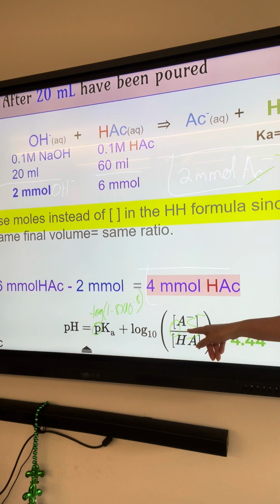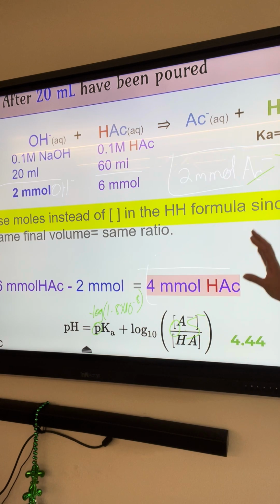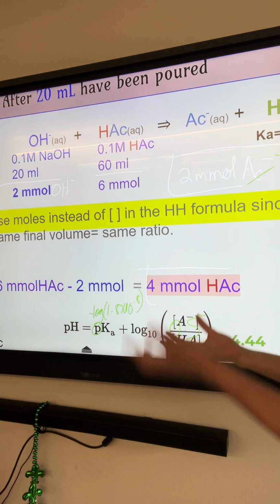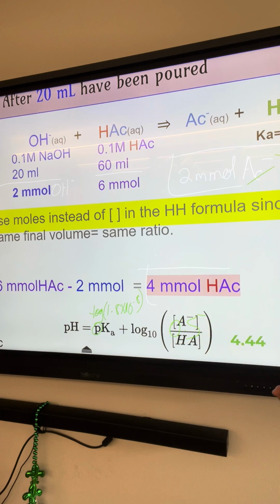No, for buffers you use the Henderson-Hasselbalch. You have acid and you have base. In the one before, we only had acid. This one has acid and base. The three points right after the first point and before equivalence are going to be a buffer solution. You're going to have acid and base.